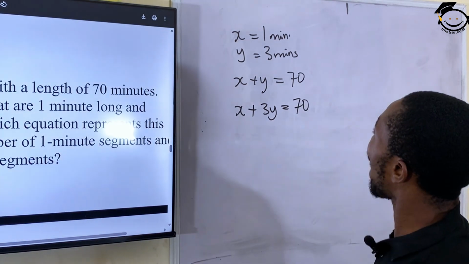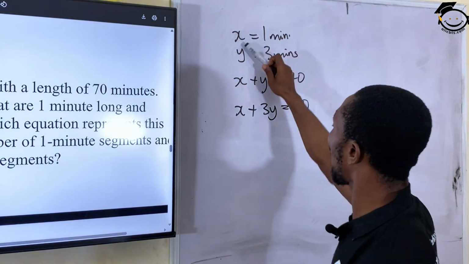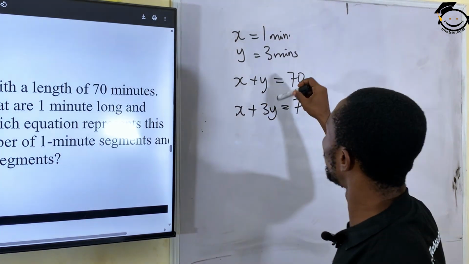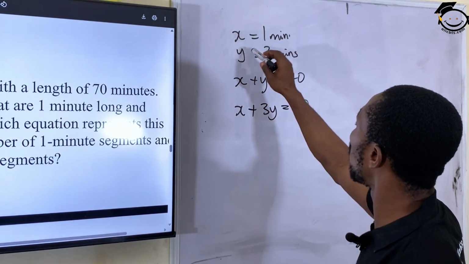So for every 1 minute of x, we are having 3 minutes for y.